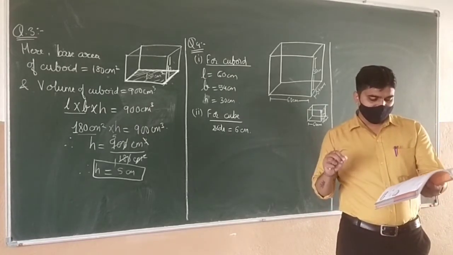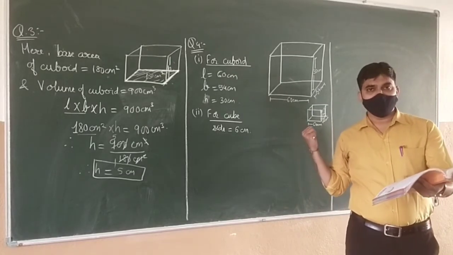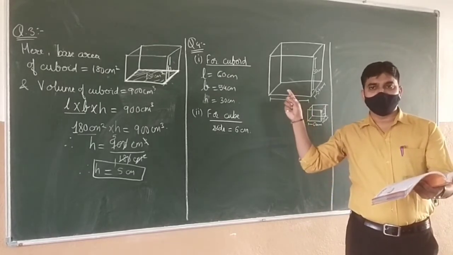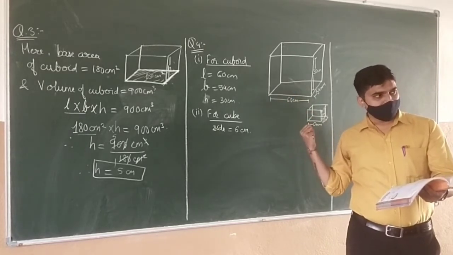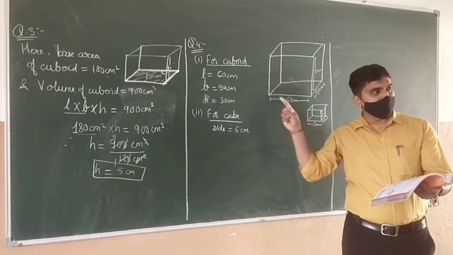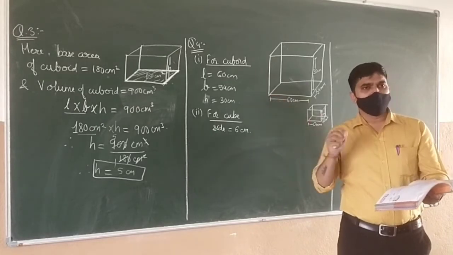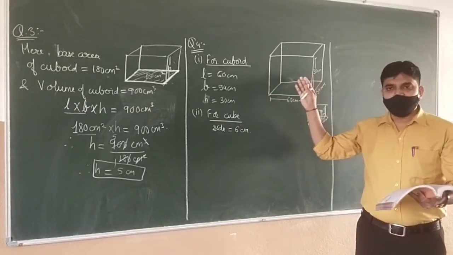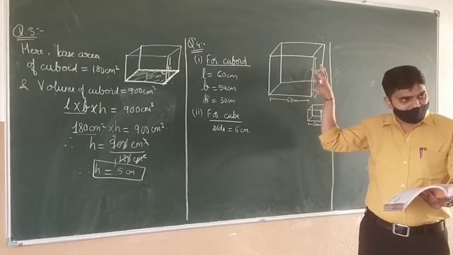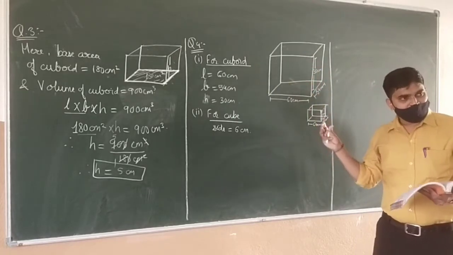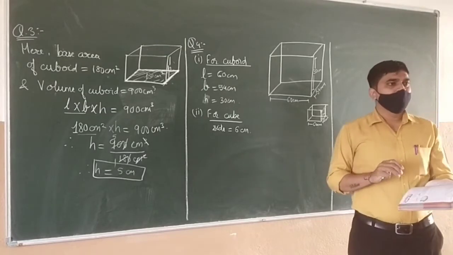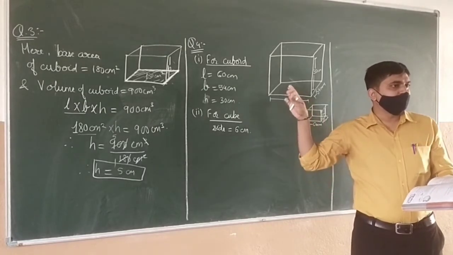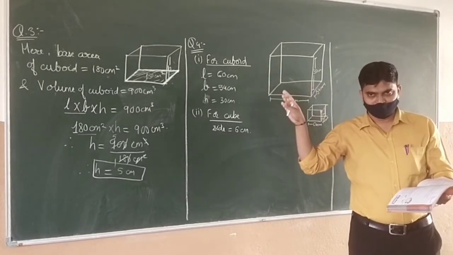How many such small cubes you can place inside. So simple, we can divide the volume of the bigger cuboidal box by this smaller cube. You will get number of cubes you want to place inside the cuboid.